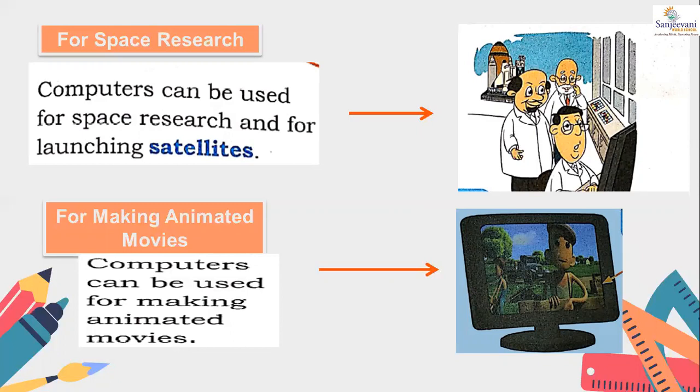So all these were the different uses of computers at different places. Quickly we will revise what are the different places where computers are used. It is almost used everywhere. Each and every place you go, it is either made up of computer or made with the help of the computer.